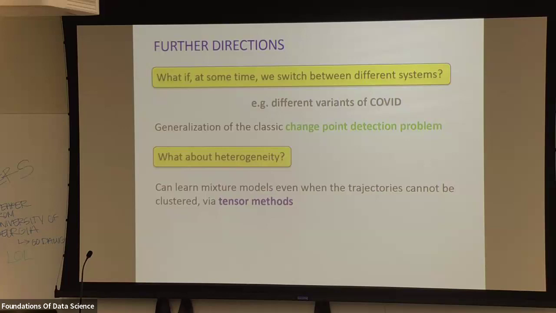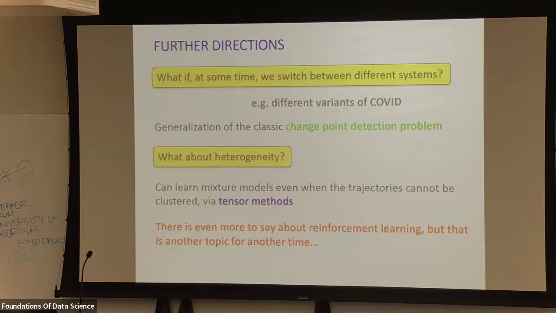But then you have these very natural routes to go, which is, with mixture models, you can look at higher order tensor methods. And that's exactly the kind of thing you can do. You can get algorithms for learning mixtures of LDSs, which work even when the trajectories are not geometrically separated, but work under much tamer conditions.